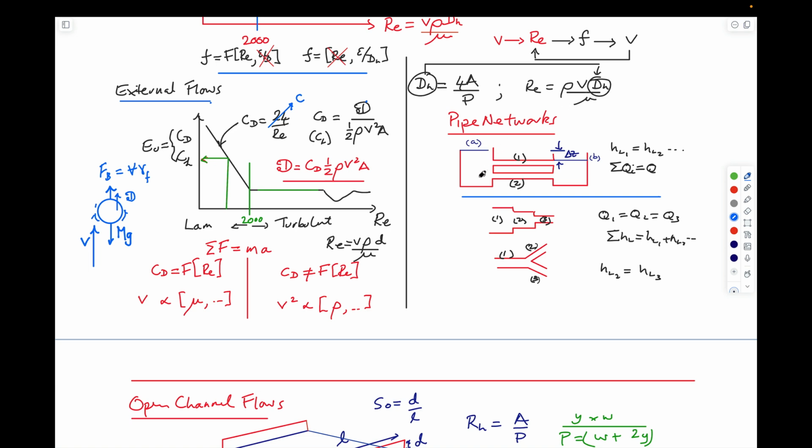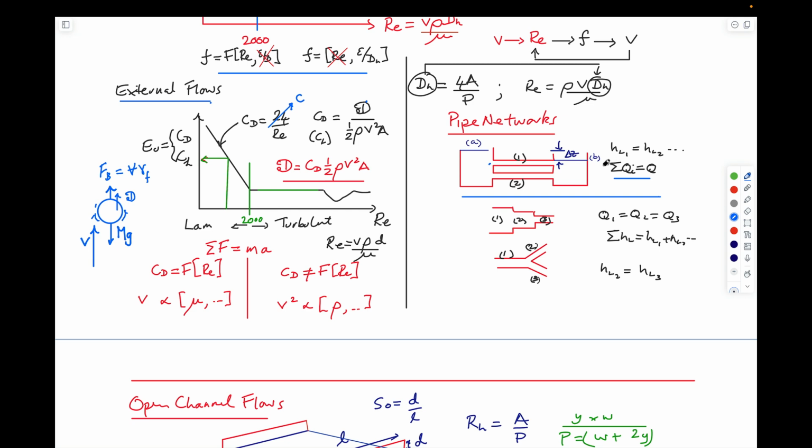If you are looking at pipe networks either in parallel or series, they follow different laws. If they're in parallel, then the volumetric flow rates are additive as discharging into each of the tanks, and therefore the head losses have to be the same because they're going through the same delta Z as they go from upstream to downstream. If you wrote them as pressures going into these pipes, it would be exactly the same.